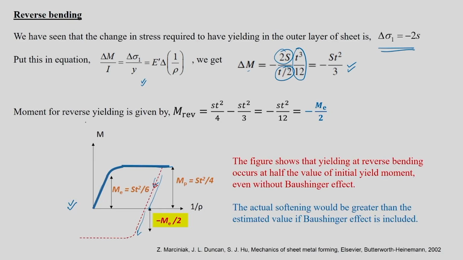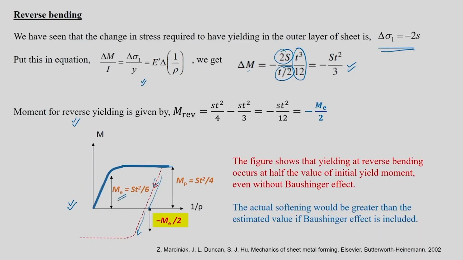And the moment for reverse yielding, suppose you want to reverse bend, you have to give some moment which will cause first yielding on the reverse side, like we have ME here. Once you reach ME, you are going to enter into the plastic part. Similarly, on the bottom side, what would be that value that can be obtained in this way?